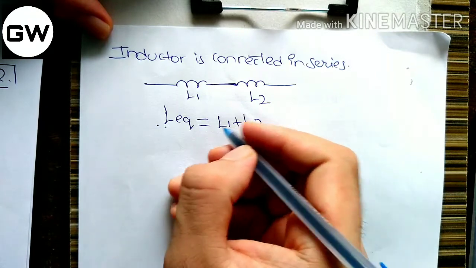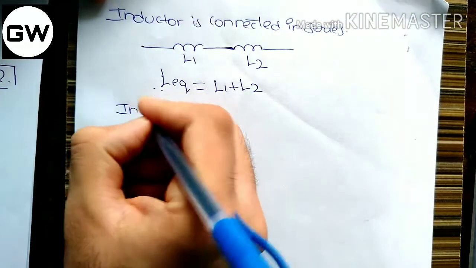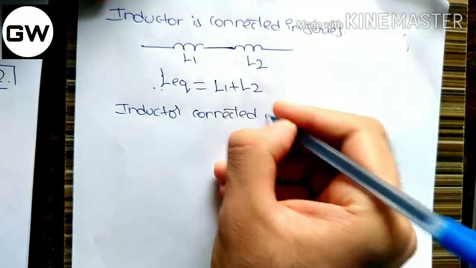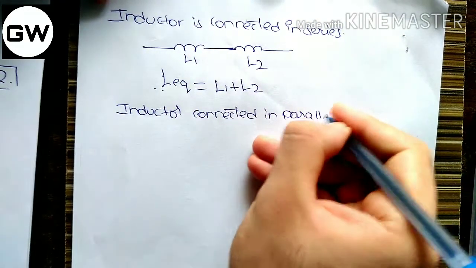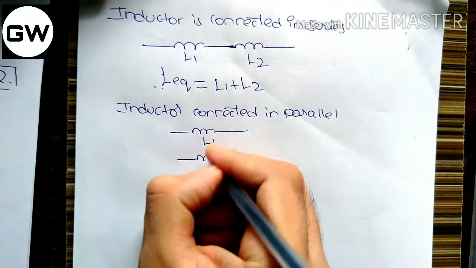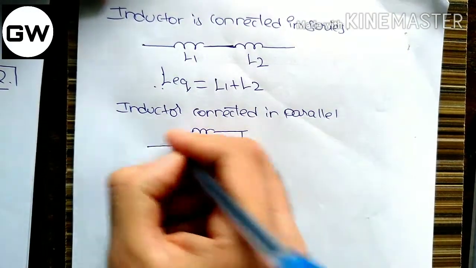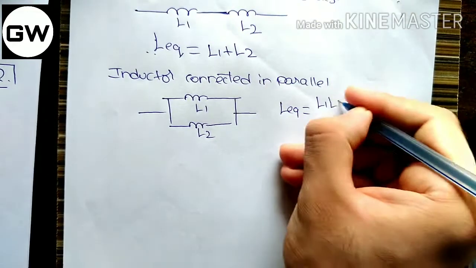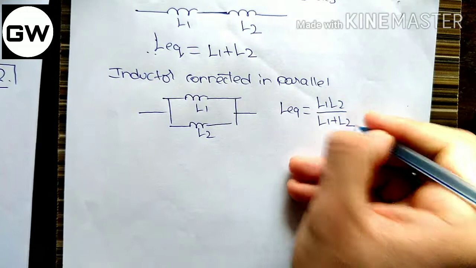It is just similar to the case of resistors. When inductors are connected in parallel, L equivalent will be equal to L1 L2 divided by L1 plus L2. This is about the inductors.